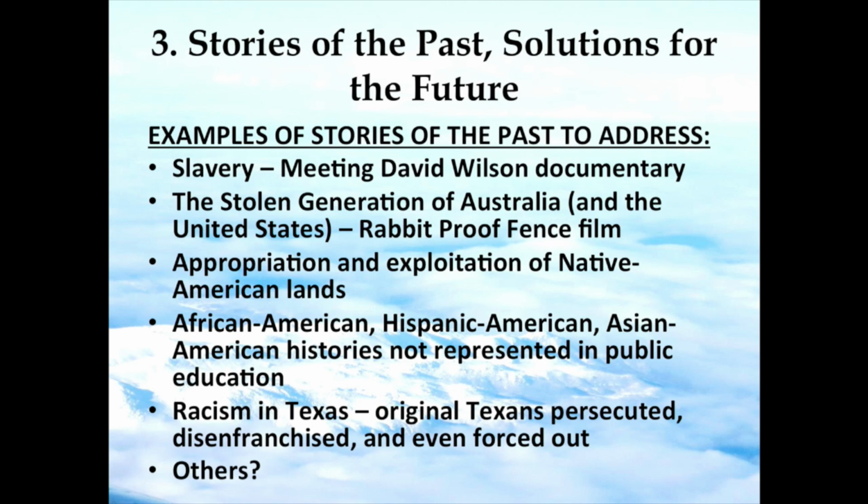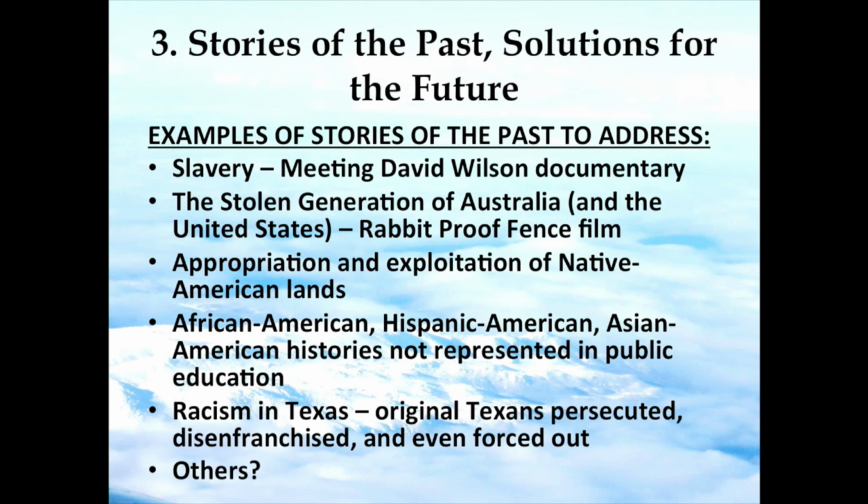And they're called the Stolen Generation of Australia. They have different films about this, but one of them is called The Rabbit-Proof Fence. You might have seen it. And that kind of depicts it. You need to do some more research if you're going to address this one. Not just watch The Rabbit-Proof Fence, but you need to do a little more research.